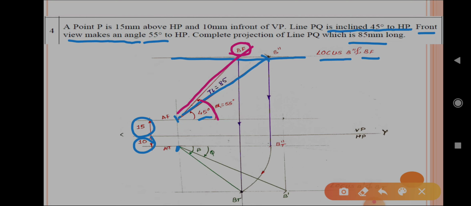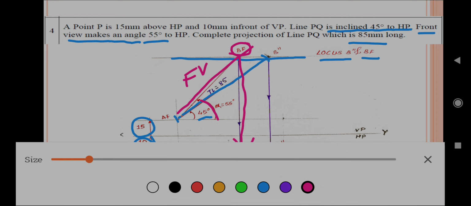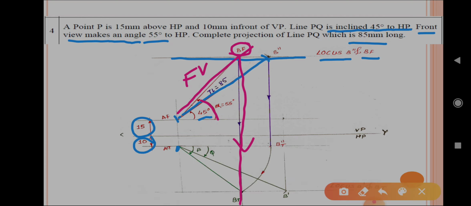So in the front view we get the front view of the line, and from the front view we can draw the vertical line. In a similar way, from B dash, that is the front view length, we take it to B double dash T and draw the arc.